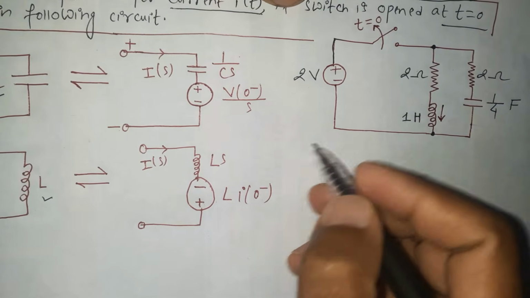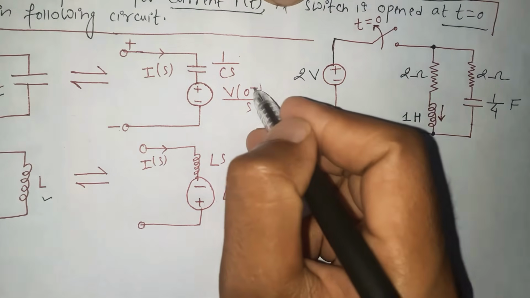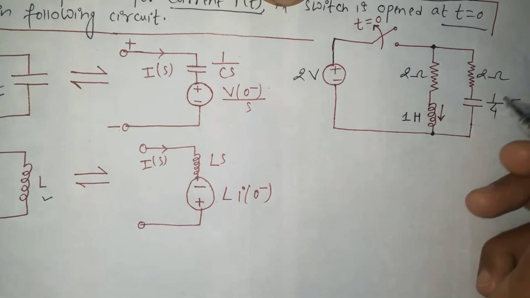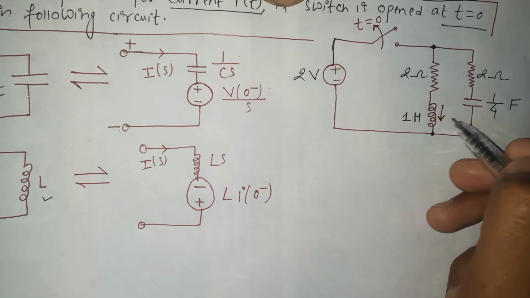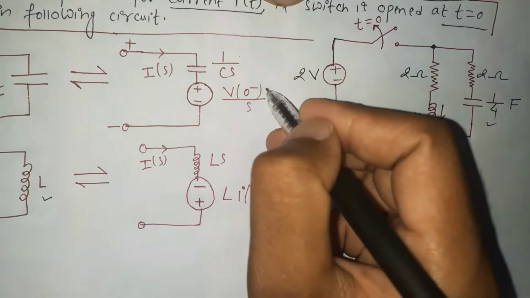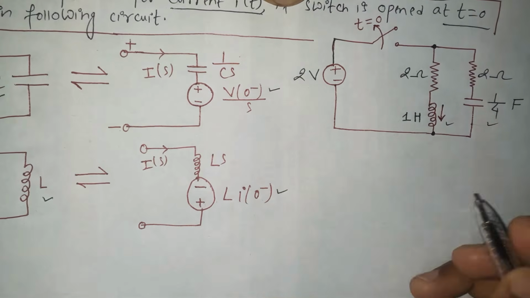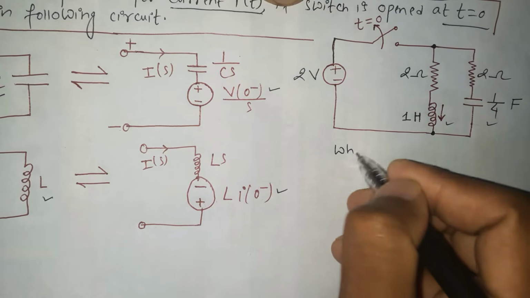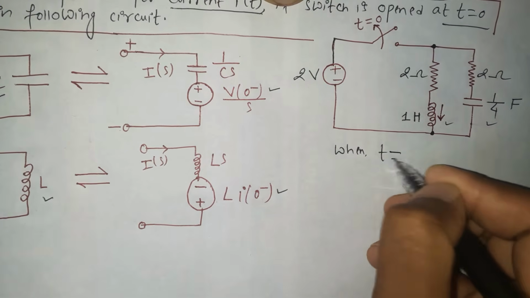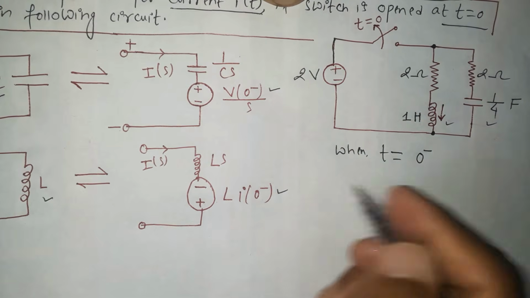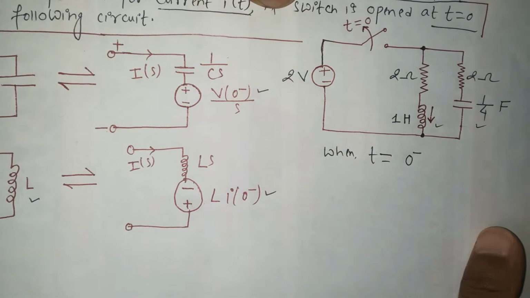Here, first of all, both the inductor and the capacitor are used. So first of all, we find v(0-) and i(0-). So when t equals 0 minus, let me draw the corresponding equivalent circuit.